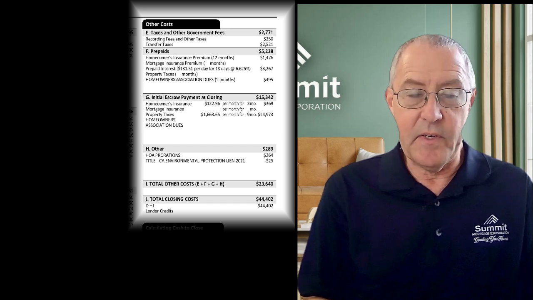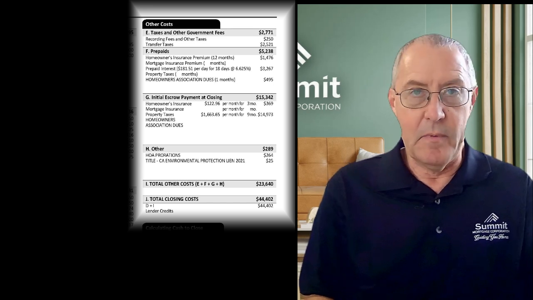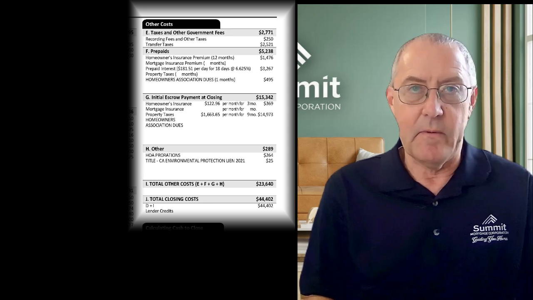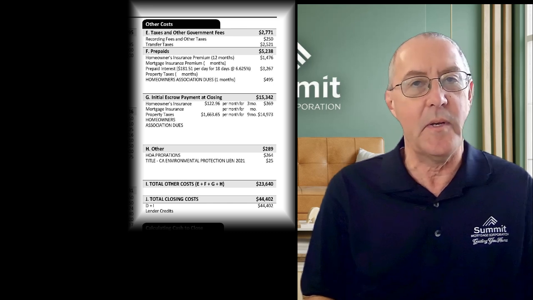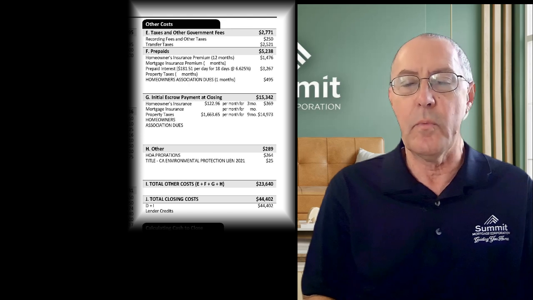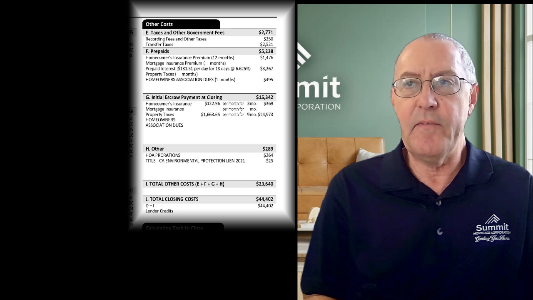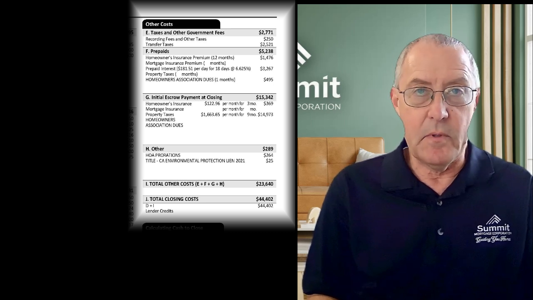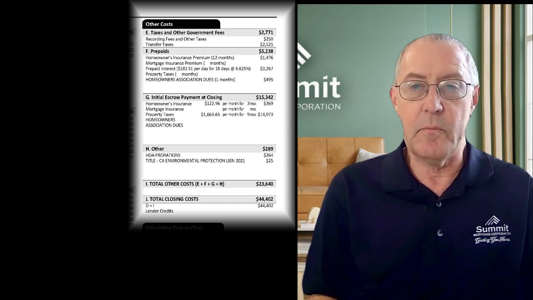If you are having your property taxes and your homeowner's insurance paid monthly with your principal and interest, well, that's called an escrow account. And those accounts need to be pre-funded a little bit depending on what time of year you're buying in, right? Depending on when property taxes are due or when your homeowner's insurance is due, stuff like that, right? You have to pre-fund some of that in there so that the money is available in that escrow account when your property taxes and your insurance comes due.